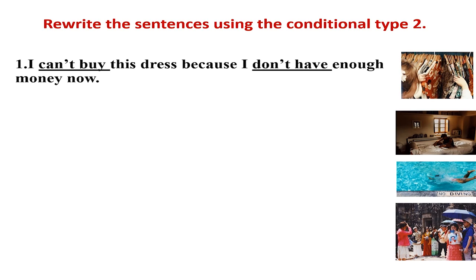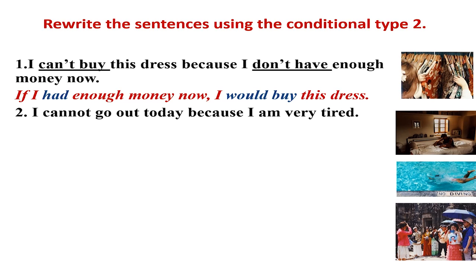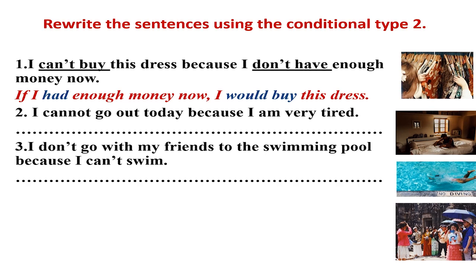So if you imagine the unreal situation, what would you say? We can say, if I had enough money, now I would buy this dress. But the reality is that she doesn't have enough money, okay? So you finish the other sentences and then you continue the video to check your answers.